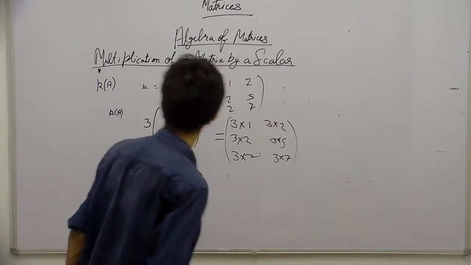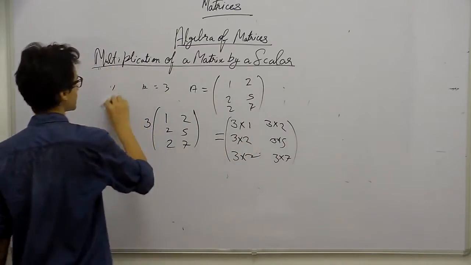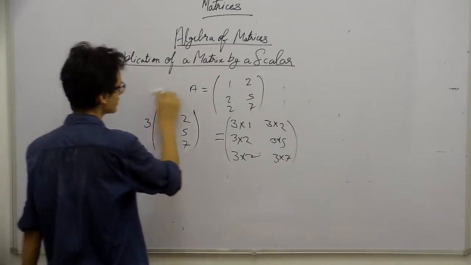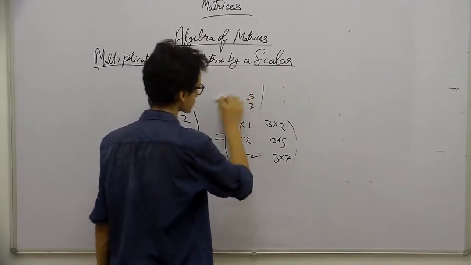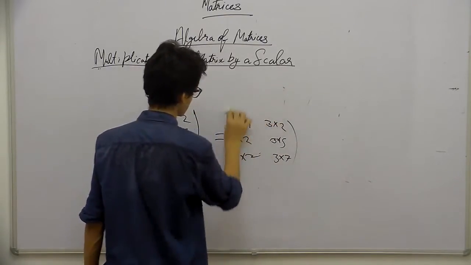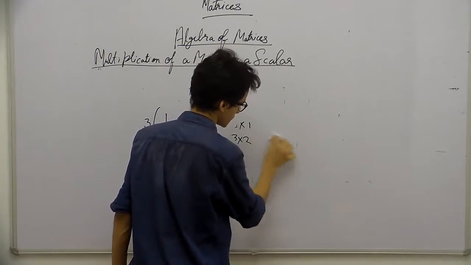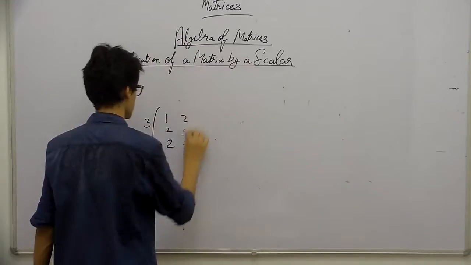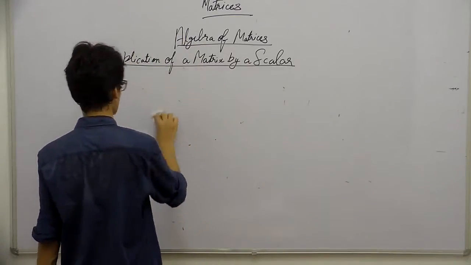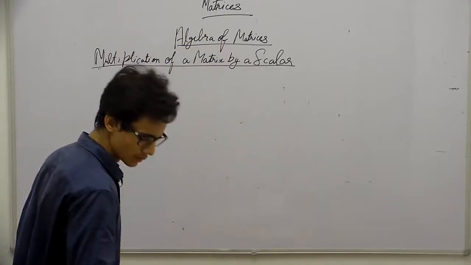So, framing a proper definition of multiplying a matrix by a scalar. What do we get?